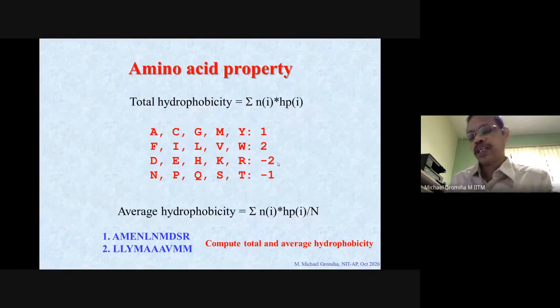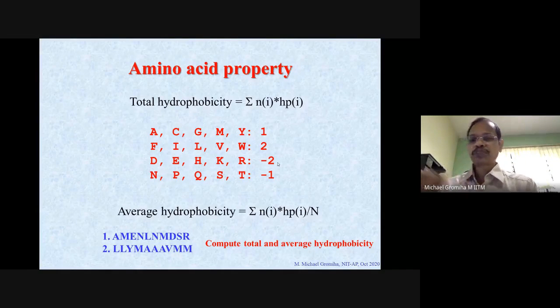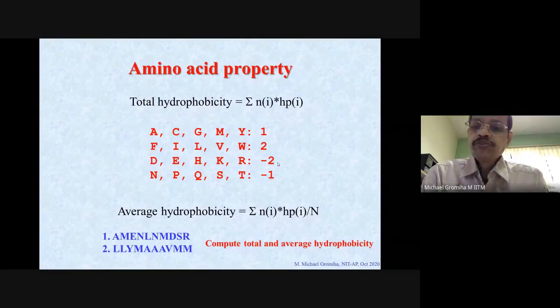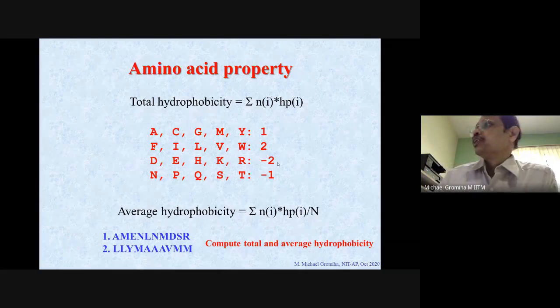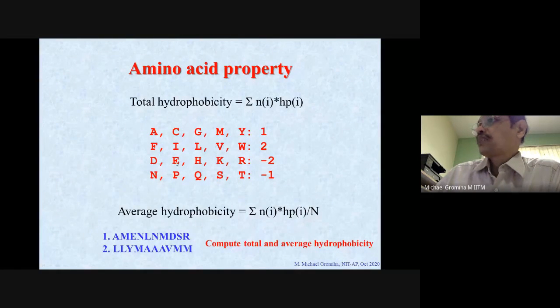Good. So polarity, that is very common. Can you be more specific? If you see glutamic acid and aspartic acid, which category are they from?